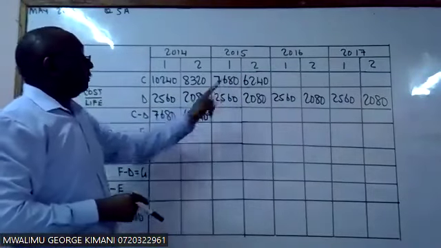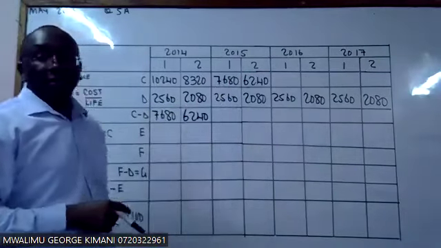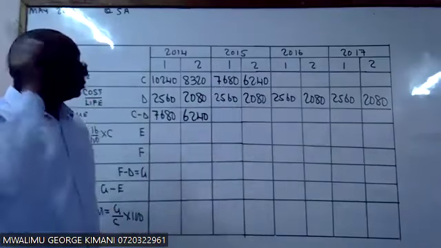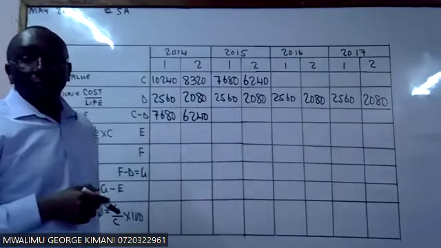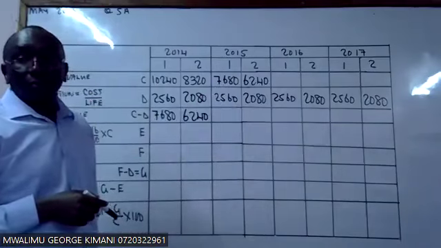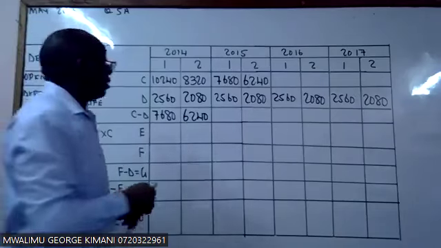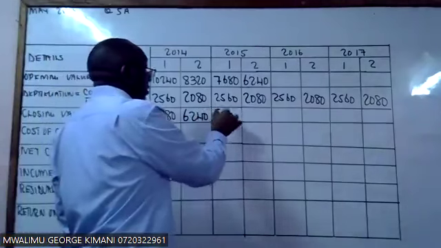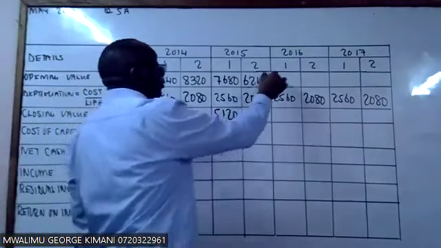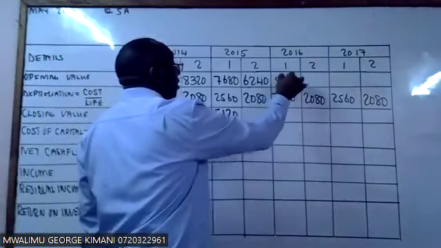Now 7680 minus 2560 is 5120, so 5120 becomes the opening here.